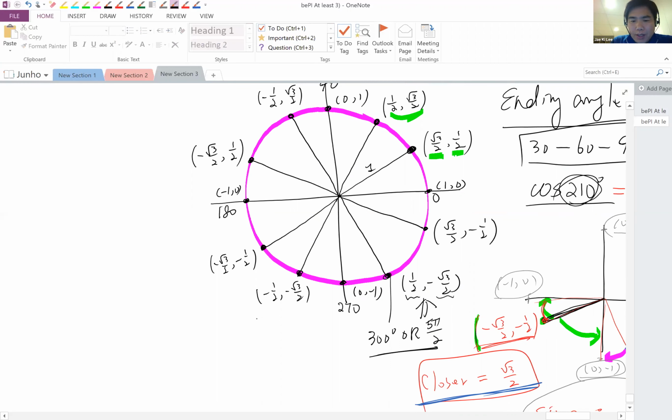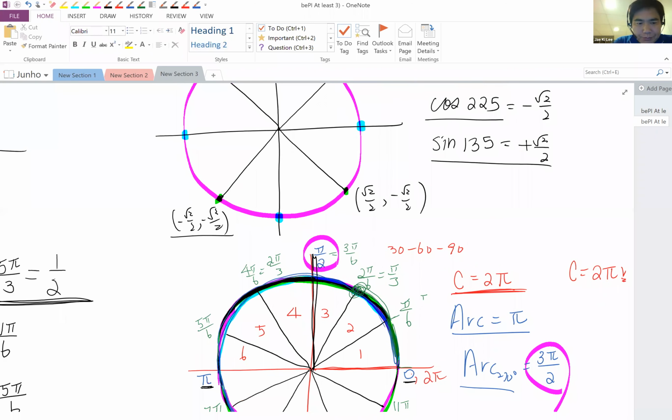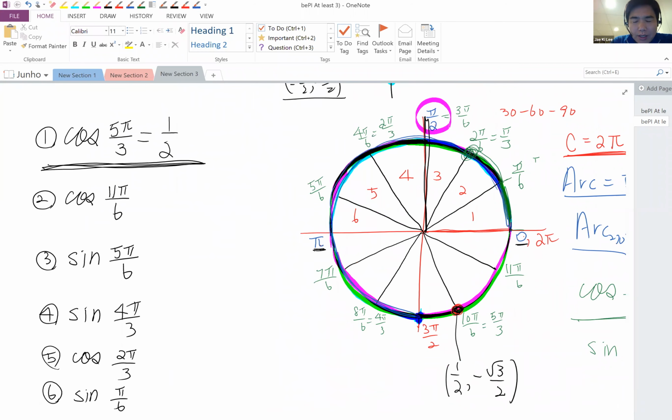And the x value represents cosine theta, the y value represents sine theta. Therefore, the question was cosine, so you're taking the x value. Yes? Okay, now what's the cosine 11 pi over 6?